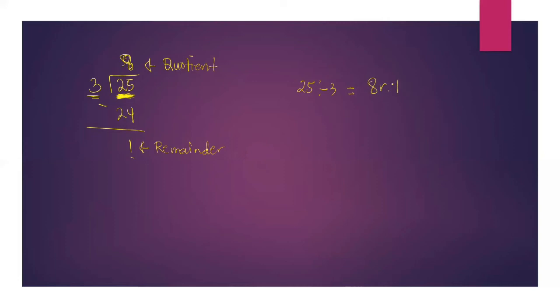No? Paano natin malalaman if tama tong sagot natin? Okay. So, let's have the quotient. Multiply natin sa divisor. Then, it must be equal to the partial product. So, this is partial product.